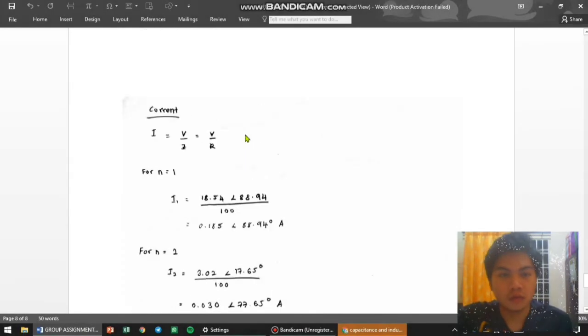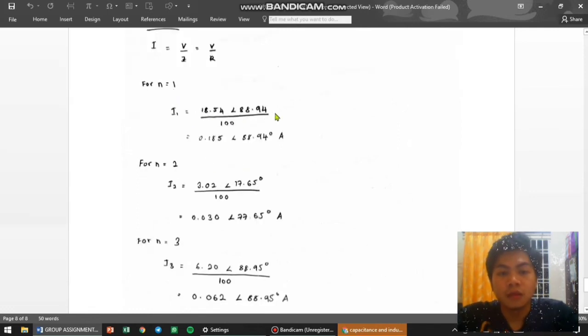So for current, after we get the voltage output, now we can get the current by using Ohm's law formula, which is I equal to V over Z. But we can determine the I by using V over R for R equal to 100 in the circuit. So for the N equal to 1, we use the voltage output that we calculated, divide by 100, then we get the answer.